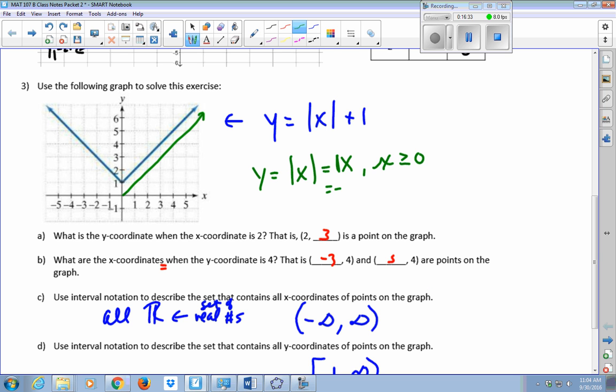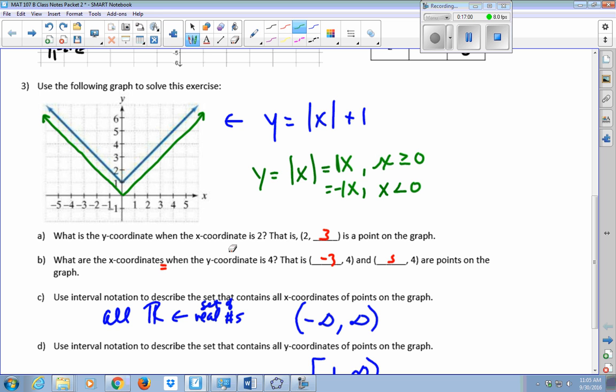And the opposite of x when x is less than 0 means it's got to have a negative slope for that ray right there. So this is the absolute value of x. That's why you need two equations to define it, because it is represented by these two pieces. We call this a piecewise function later on.